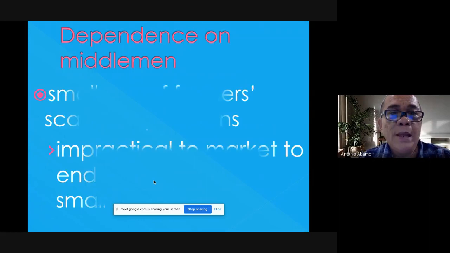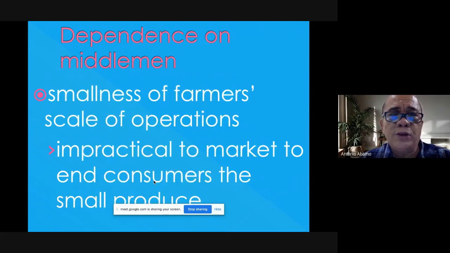Now, the smallness of farmers and the scale of operation is also a reason why we need middlemen, because the buyer needs quantity. If you are only selling a few kilograms, forget about dealing with supermarkets, because supermarkets need quantity, and not only quantity, consistency.